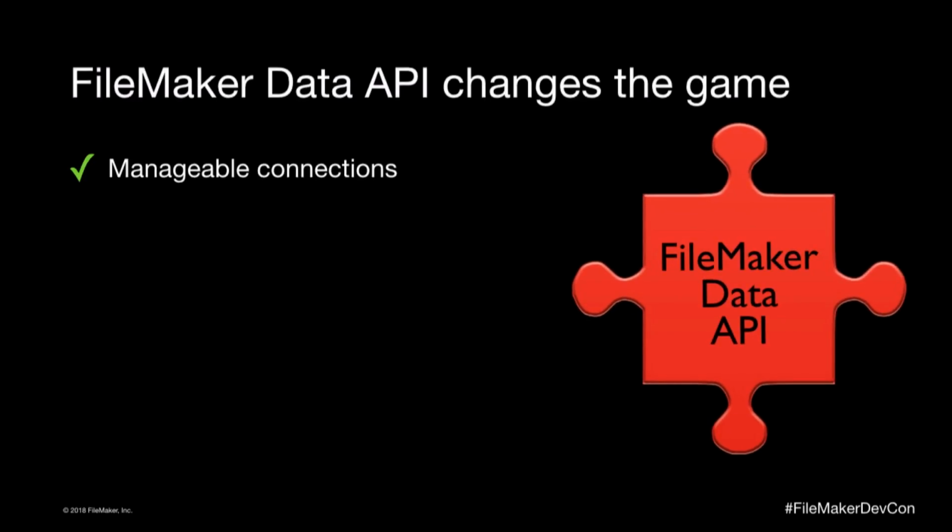So my last bullet point on the last slide and my first bullet point on this slide: you have manageable connections. The best thing with this development. And what that basically means is when you establish a connection, when you ask for a token from FileMaker Server and set up your first connection, it gives you a token. You'll see a single connection at the FileMaker Server on the console. From that point forward, you will not get another one.